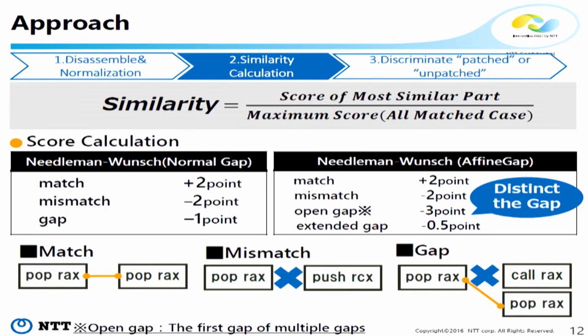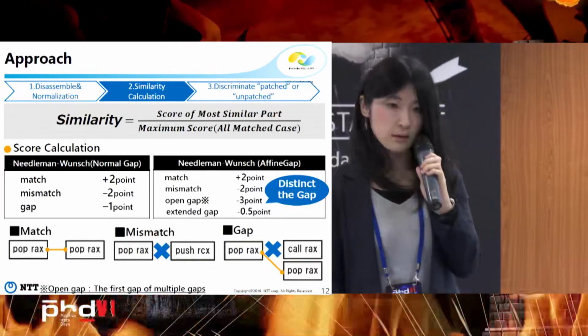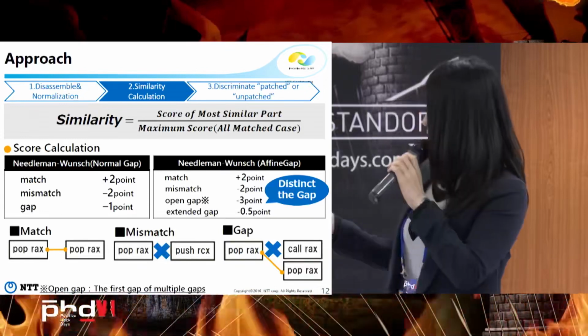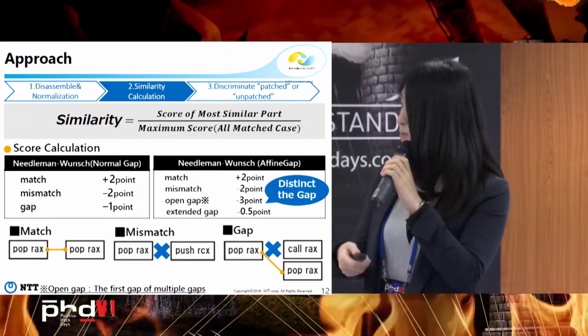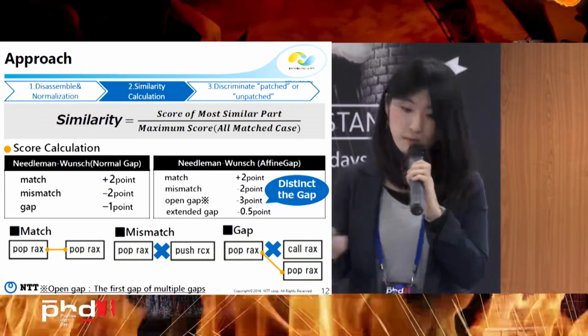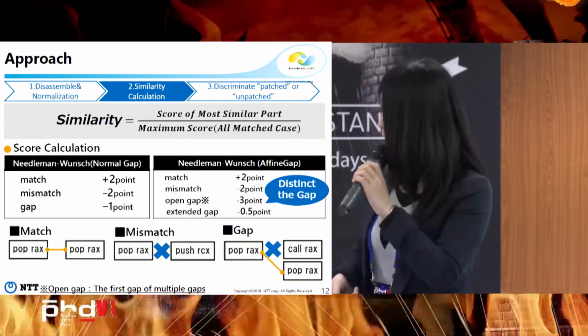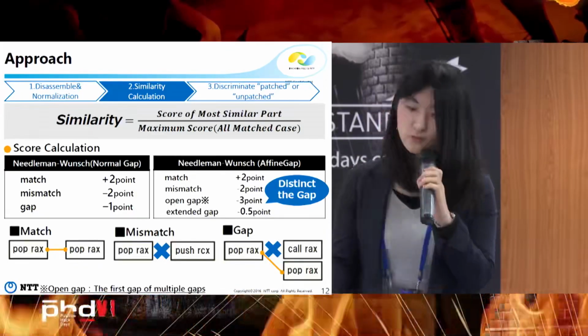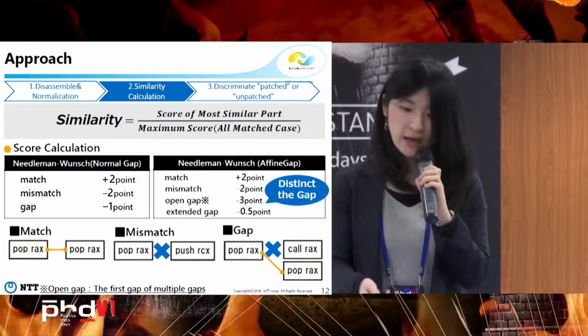The normal gap penalty calculates the score for the match, mismatch and gap cases. I won't explain the match and mismatch cases, but the gap case means that the compared string was not similar, but the adjacent, next string was matched.